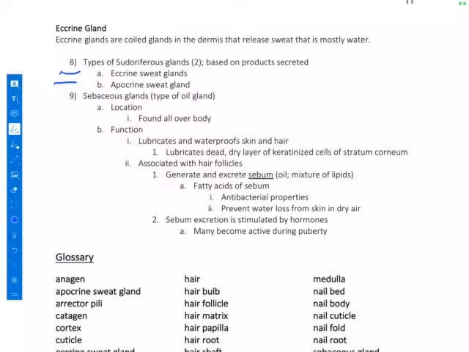You would find it in your genital hair. And so we have a lot of these apocrine sweat glands in the armpits and in the genital regions. And the axillary region refers to the armpit region. They are larger than eccrine sweat glands, and they're much deeper in the dermis. They can even reach the hypodermis. And the duct typically empties into a hair follicle before it reaches the skin.